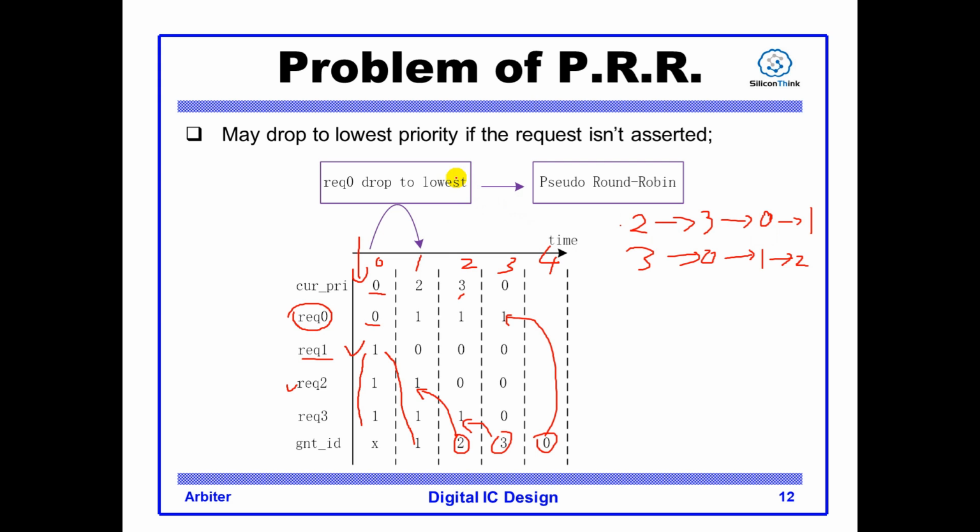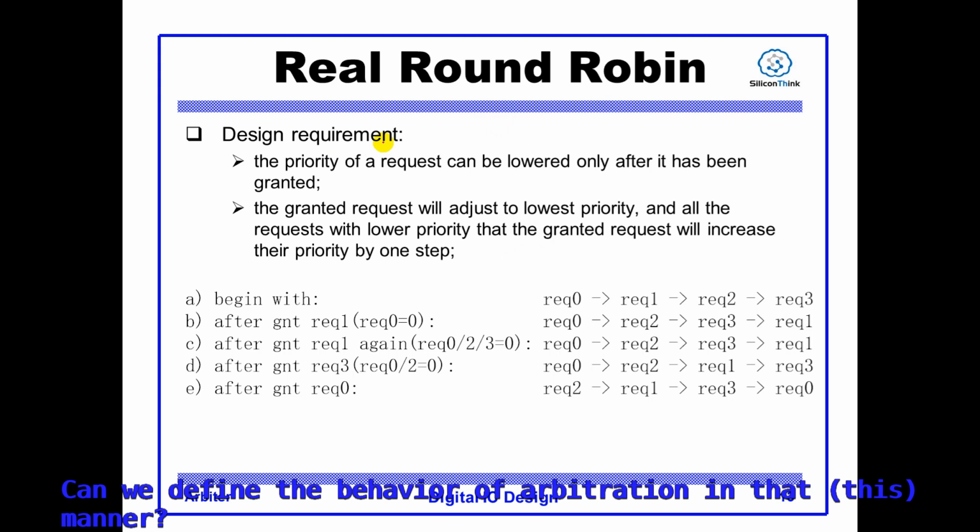Yes, it will be granted some cycles later, not immediately. So this is the problem of the algorithm we have introduced before. Can we define the behavior of arbitration in that manner?